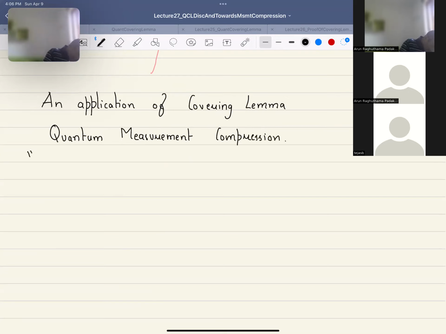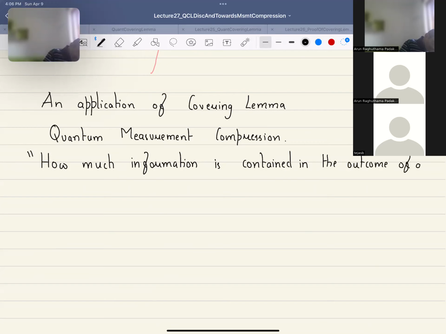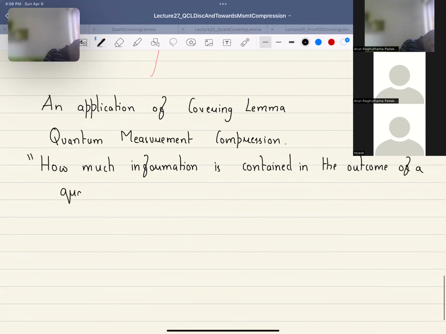And the broad question is, how much information is contained in the outcome of a quantum measurement? So I'll give you some prelude to this.